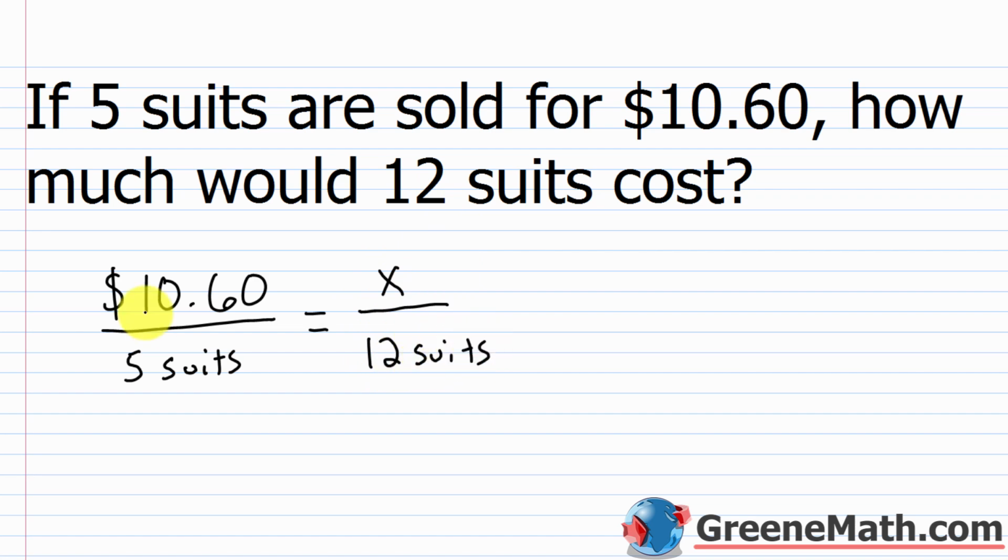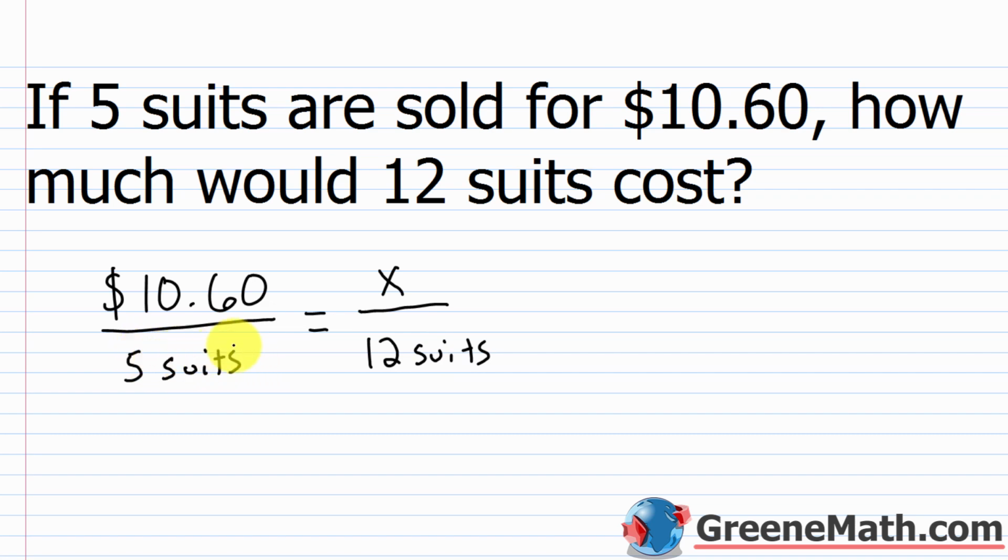I'm saying that $10.60 for 5 suits will be equal to or the same as some unknown, which we're going to solve for, for 12 suits. Now, in the end, this variable x is going to give me a value that when divided by 12 gives me the same unit price or the same price per one suit as over here, right? And I'll show you that. I'll do it both ways.